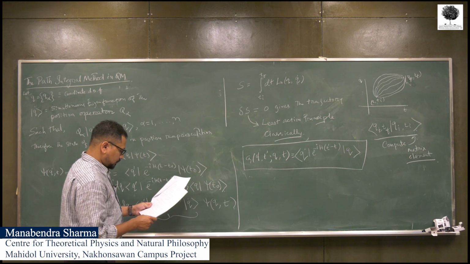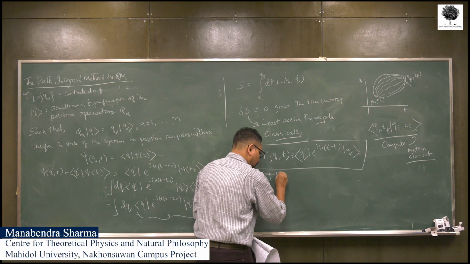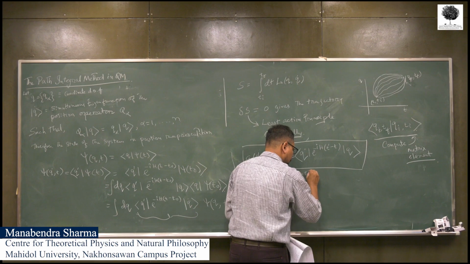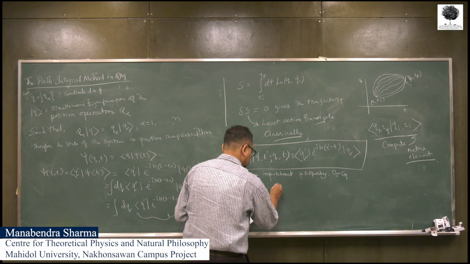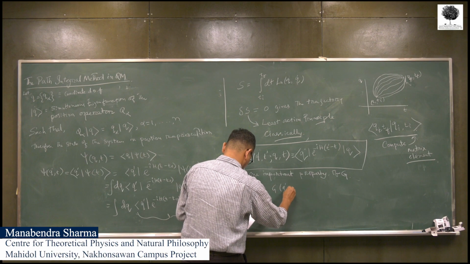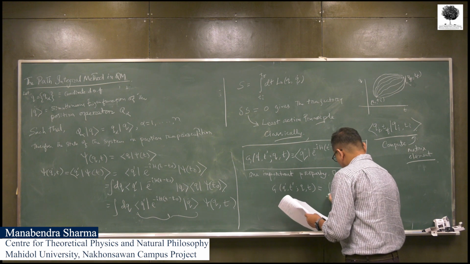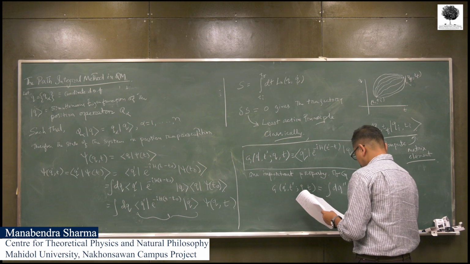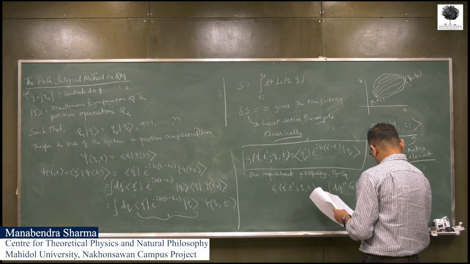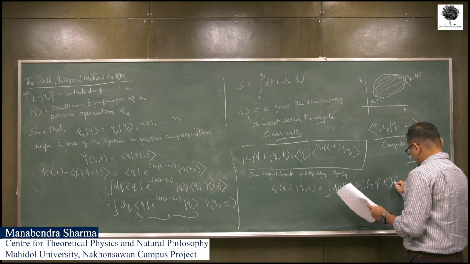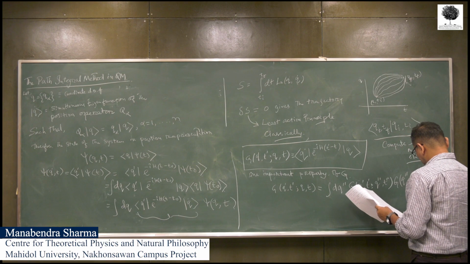So let us now note one important property of this Green function Z, which says Z(q′, t′; q, t) is equal to the integral over q″ of Z(q′, t′; q″, t″) Z(q″, t″; q, t).